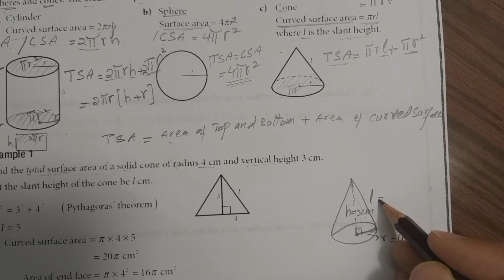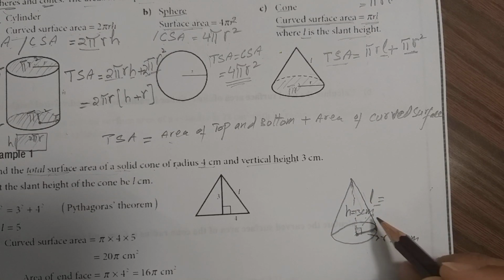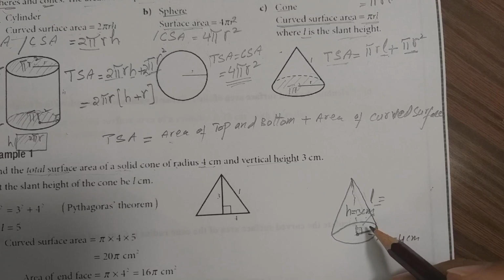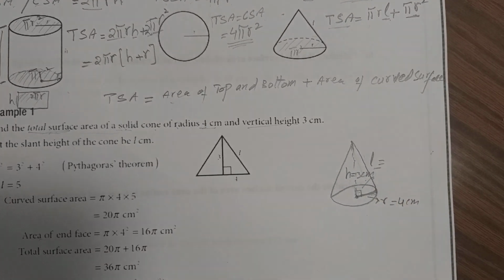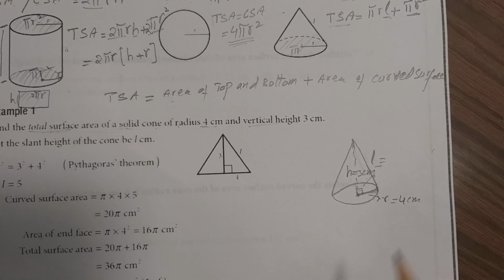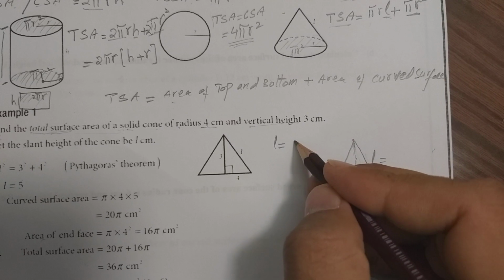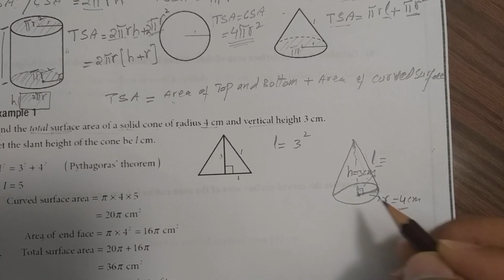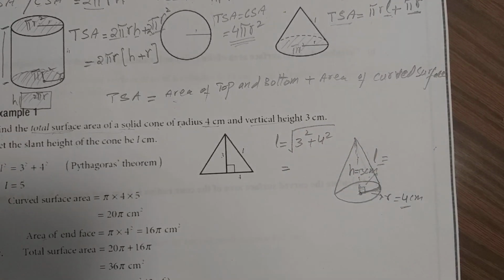The longer side is the hypotenuse, and it equals the square root of the sum of squares of the two short sides. So the slant height equals 3 squared, the vertical height, plus 4 squared, the radius, and then take the square root.